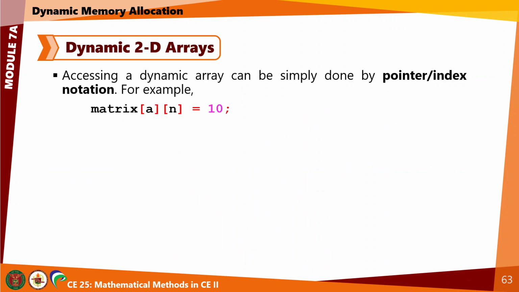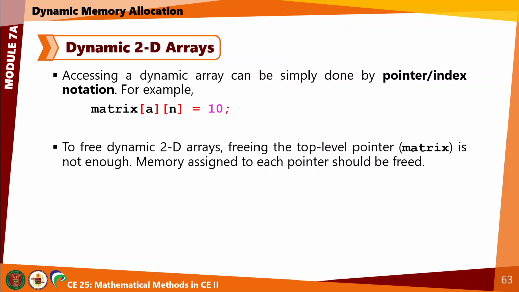But you can still use yung ating index notation. So matrix[a][n] equals then. So yung a minus 1 na row and n minus 1 na column. Sorry, baliktad. A plus 1 na row and n plus 1 na column. 10 yung masastore niya. And to free yung 2D arrays, kailangan i-free din natin yung top level pointer.